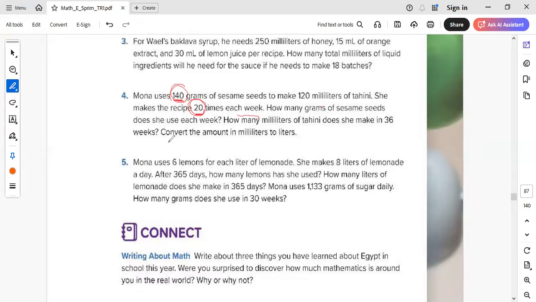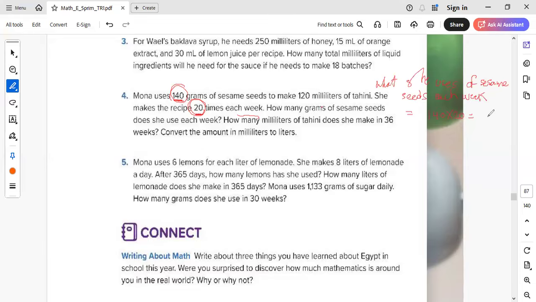We can write it here. What she uses of sesame seeds each week equals 140 multiplied by 20.